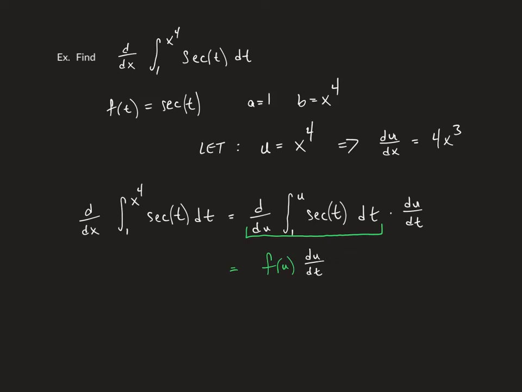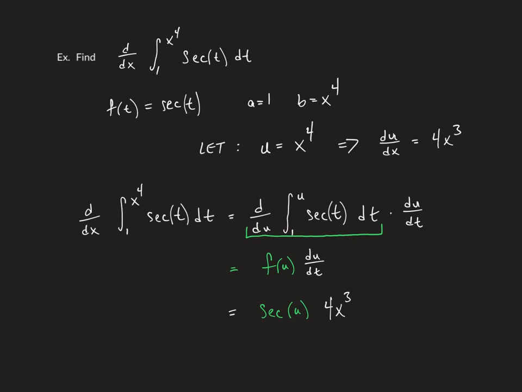So another way that I could write this is secant of u times 4x to the third. And that's because if this is du dx, we already expressed that that is 4x to the third. And remember, f of u is going to come from this original function. If f of t is secant of t, then f of u is going to be secant of u. So we've made a substitution there.